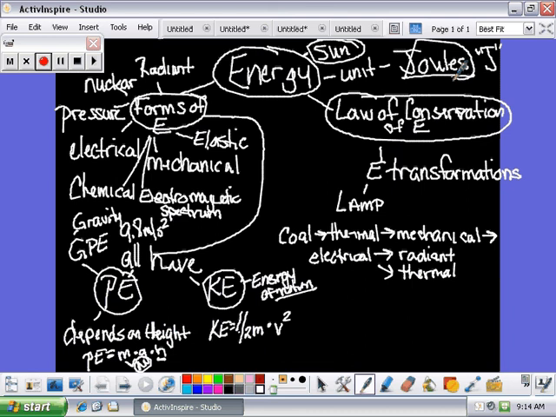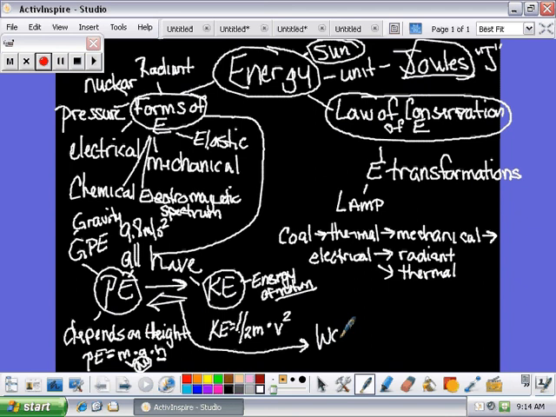Okay. The key thing with potential and kinetic energy is it transfers back and forth, as we saw in the tennis ball lab, correct? So when it transfers back and forth, we know what has happened. What has been done?